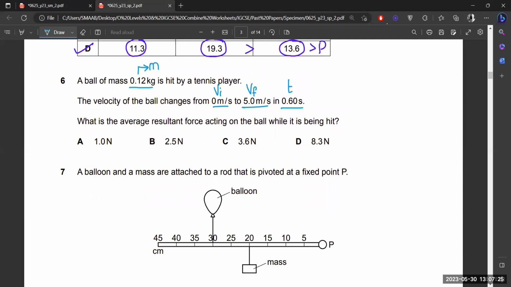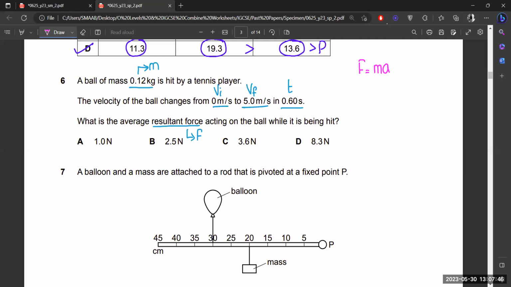So we need to calculate the resultant force. Now you need to recall the formula related to forces. We know the concept that F equals ma, but there is no value of acceleration. So if we write ma, this will not work for us.